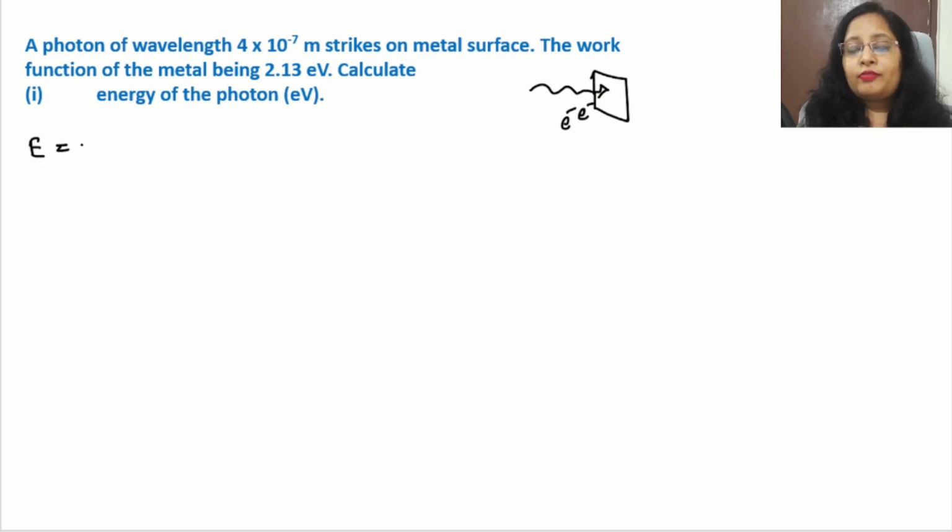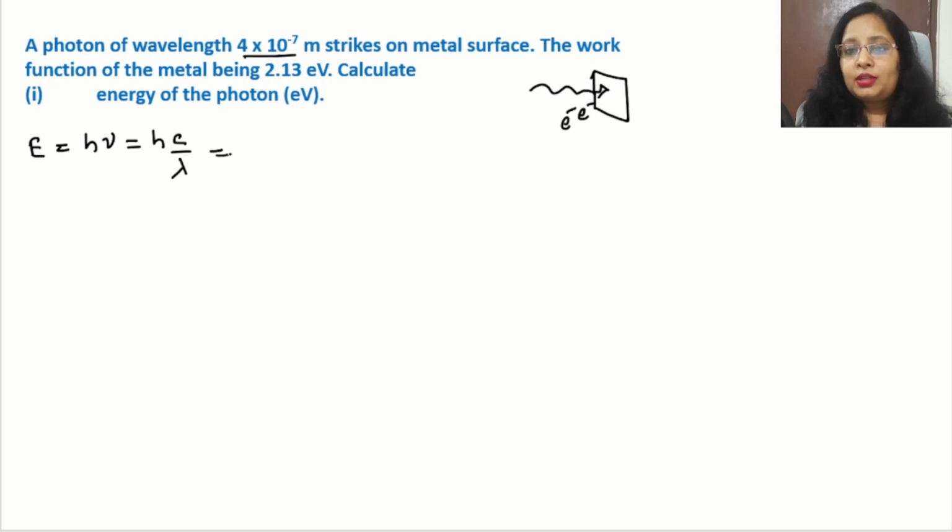So we have a formula E is equal to h mu, where h is Planck's constant and mu is the frequency. But frequency is not given here, so we will write in place of mu, c by lambda, where c is the speed of light and lambda is the wavelength that is given here.